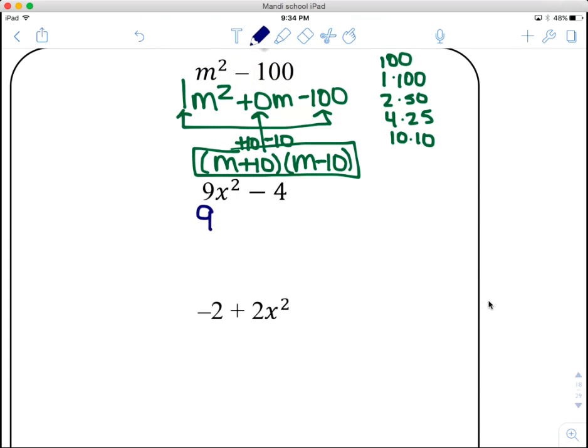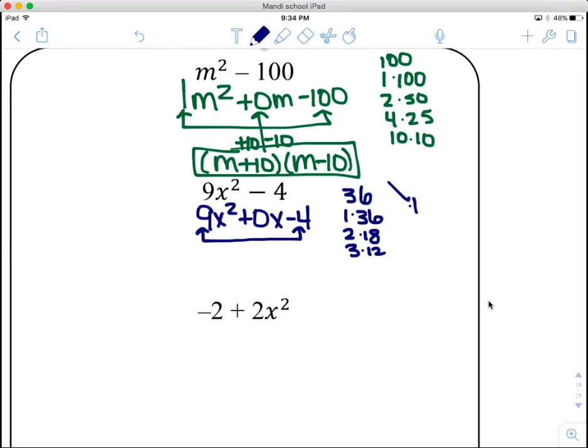So we have 9x squared plus 0x minus 4. Okay. 4 times 9 is 36, and we've already had to list these. This should go a little more quickly. 1 and 36, 2 and 18, 3 and 12, 4 times 8, and 6 times 6.